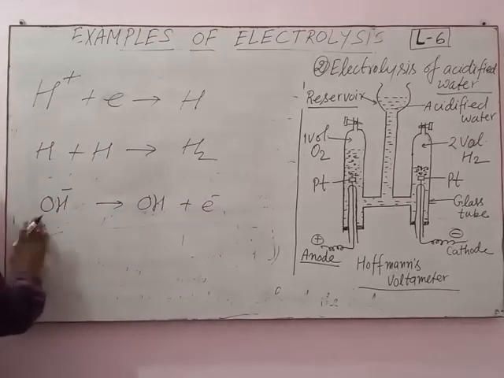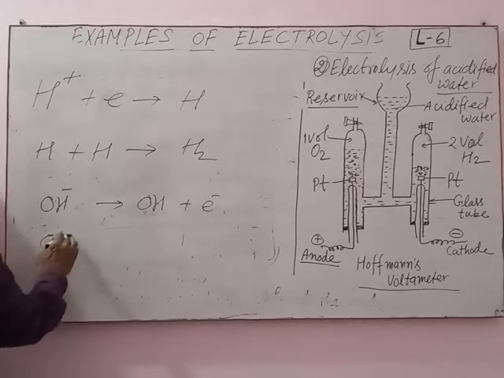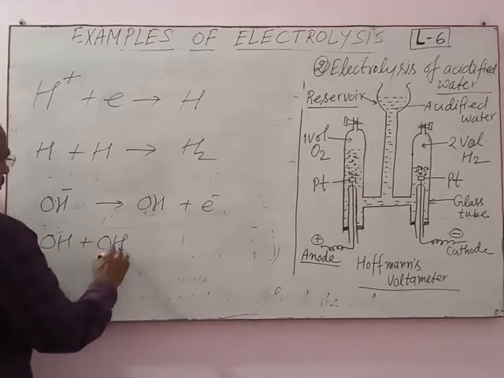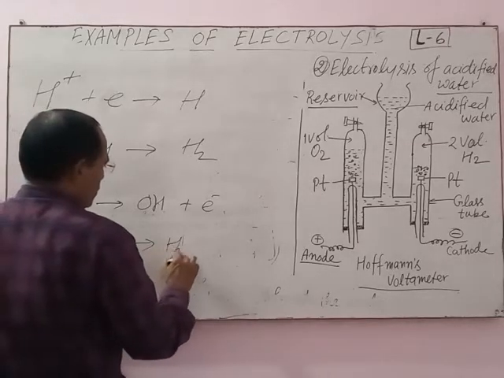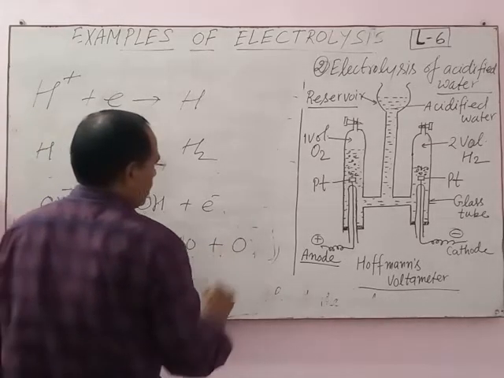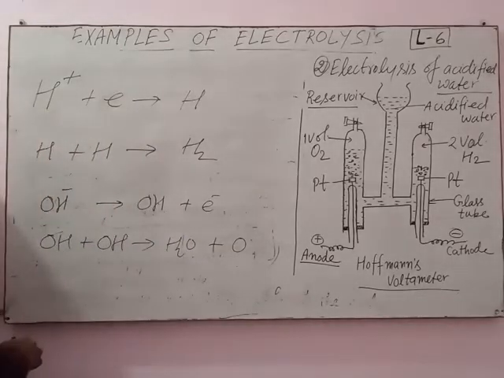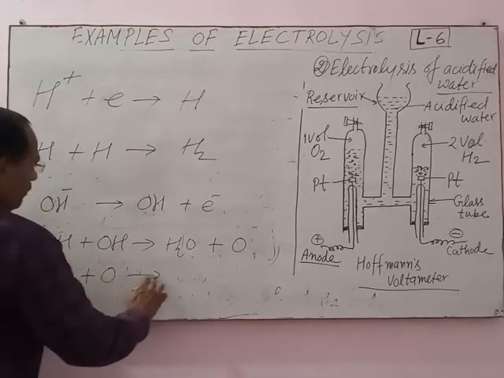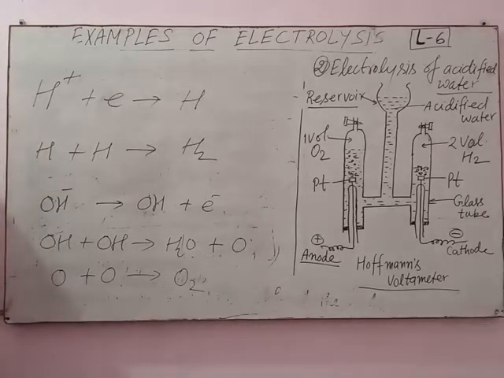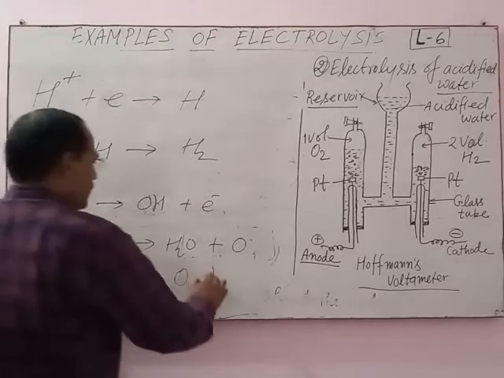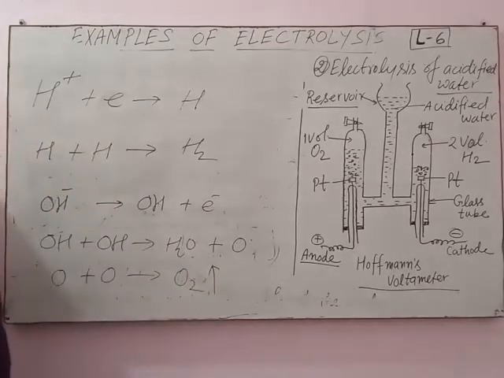These OH radicals combine together, giving H2O and oxygen radical, which again combine to give an oxygen molecule, oxygen gas. It means oxygen gas evolves at the anode.